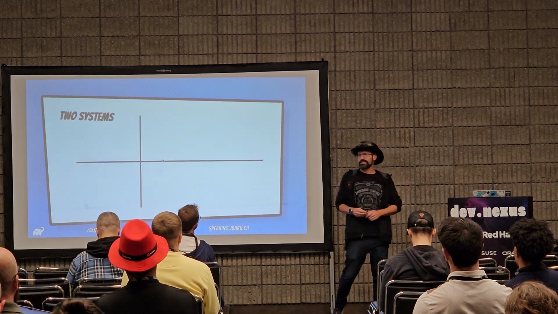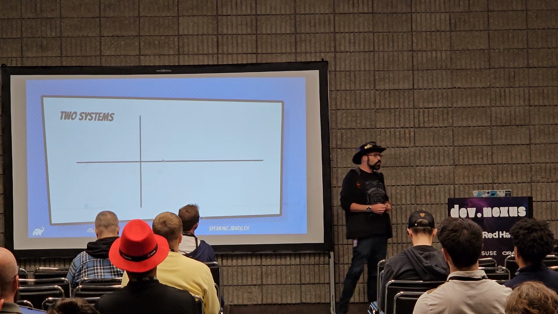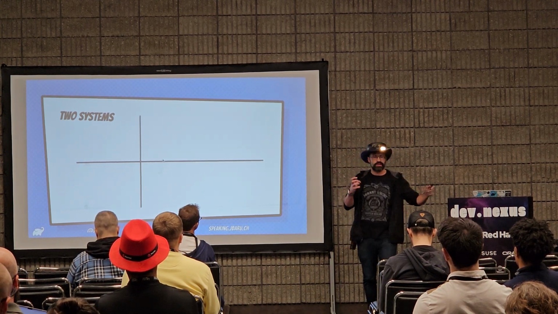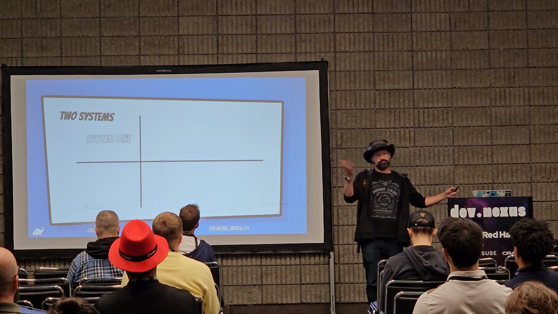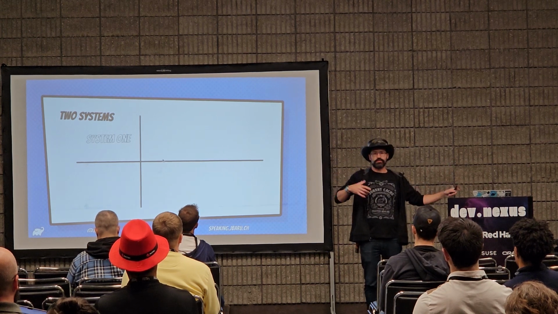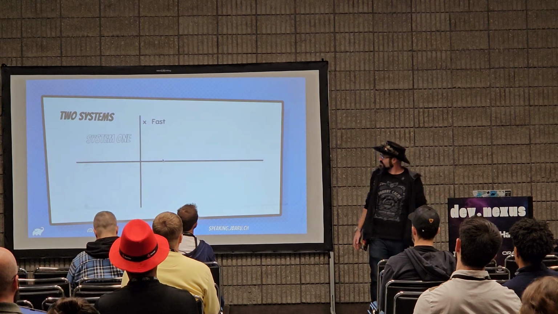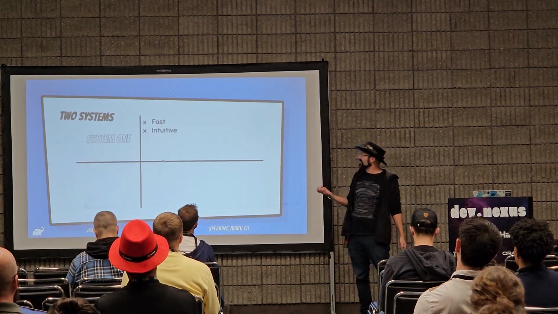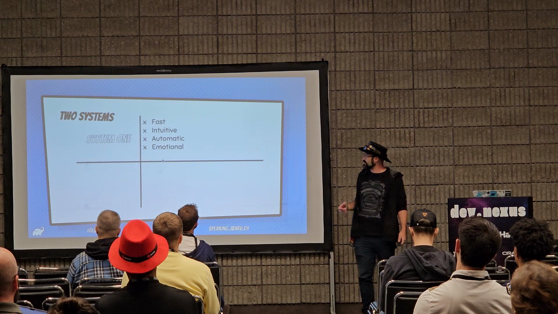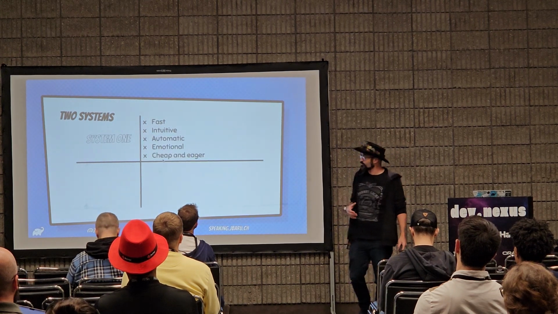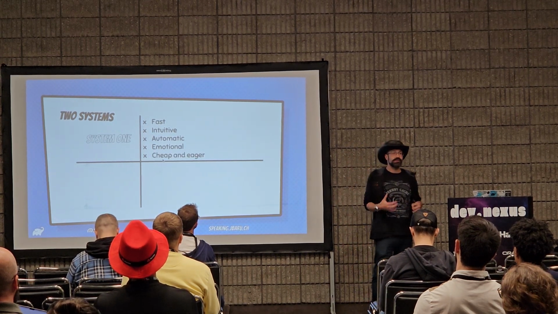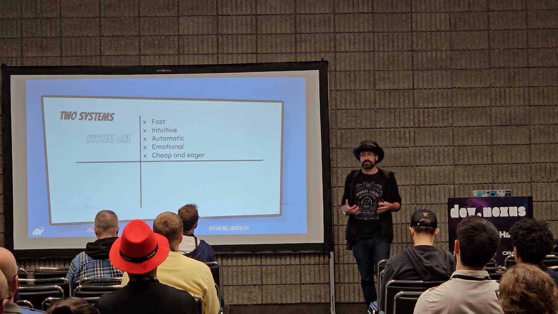Because what Professor Kahneman teaches us is that we have two systems in our brain. One, imaginatively called system 1, is very, very fast. It's very intuitive. It's automatic. It's emotional. And it's very cheap and very eager to provide us an answer.